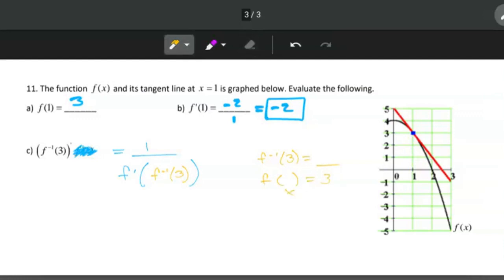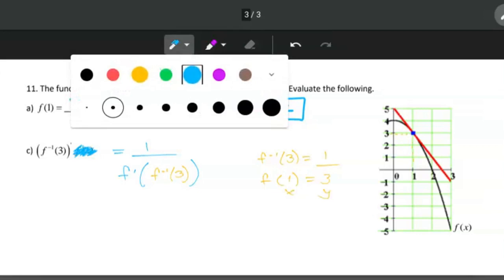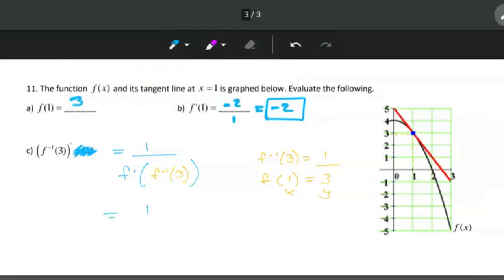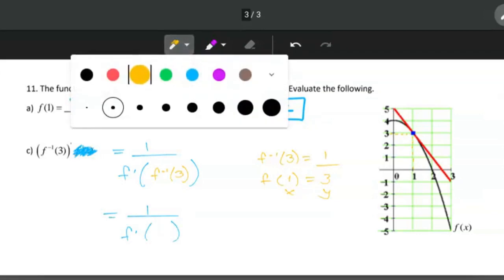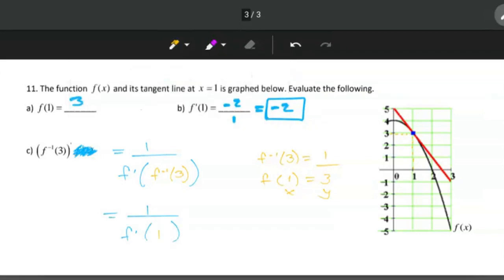We want to know the x value when the y value is 3. So when the y value is 3, the x value is 1. So that inside function is 1. So we really have 1 over f prime of, we just said that whole inside is 1. And then we need f prime of 1. Well, we found that up here in part B. F prime of 1 is negative 2. So 1 over negative 2, so negative 1/2 is your answer.